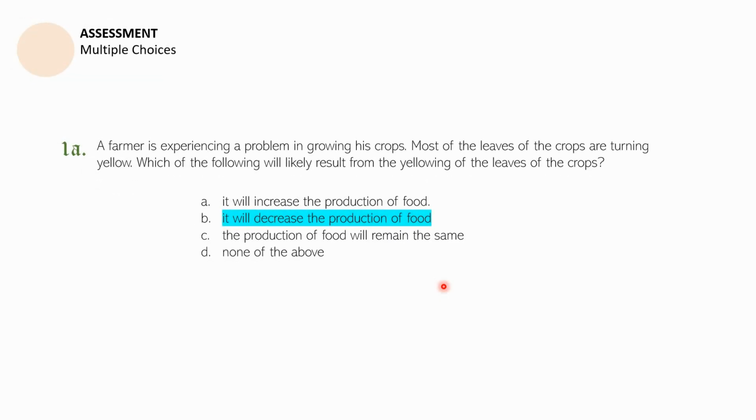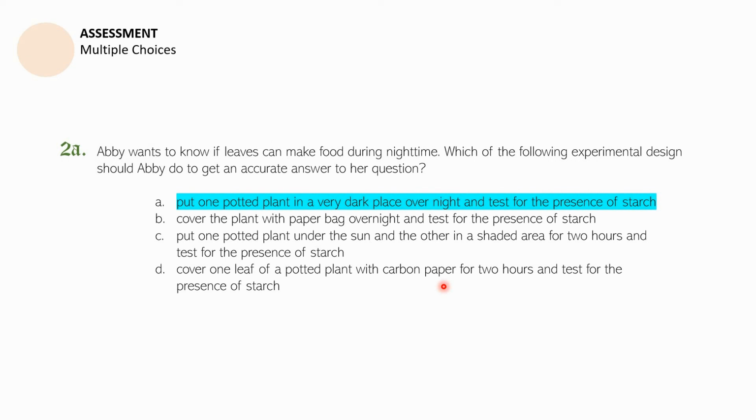The answer to question number 1 is B. It will decrease the production of food. The answer to question number 2 is A. Put one potted plant in a very dark place overnight and test for the presence of starch.